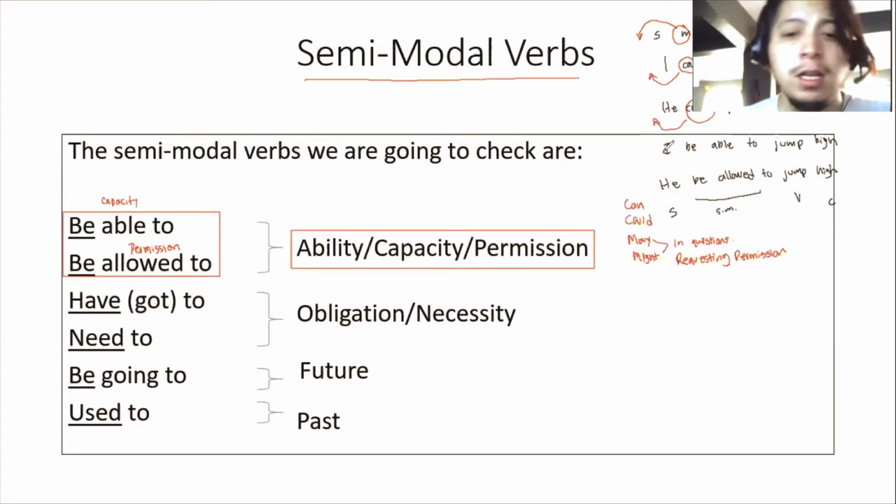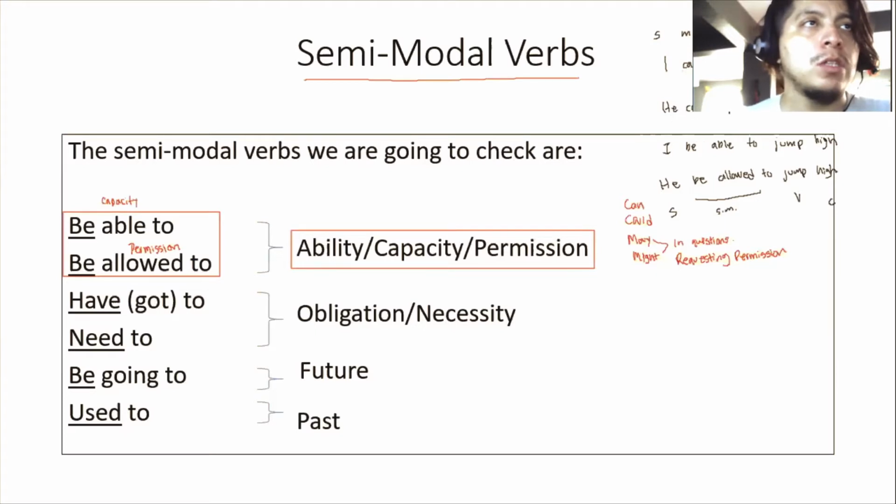Okay, very easy. Also, it's very easy because it doesn't matter who the subject is. It is always can and it is always could. Never cans, never coulds, nothing like that. The problem that you have is that both of these sentences are in the present, and you cannot change them to past or to future.